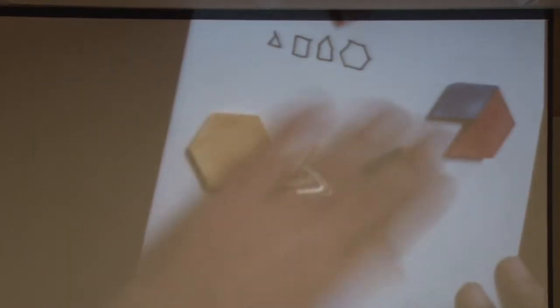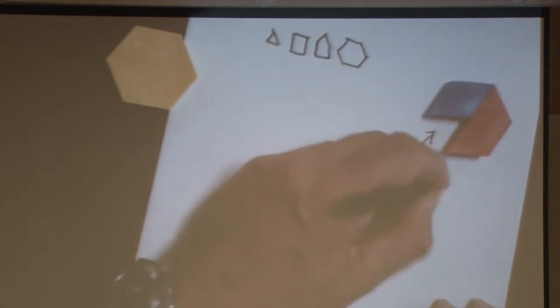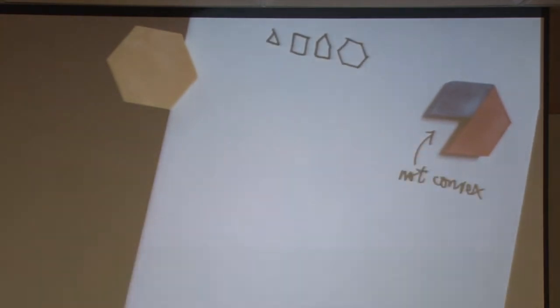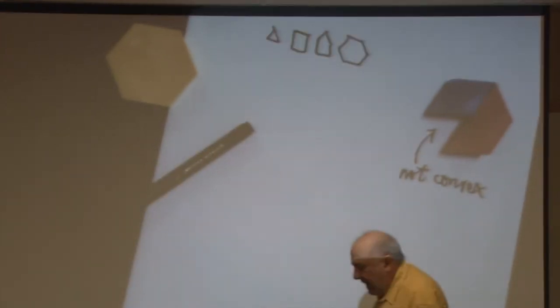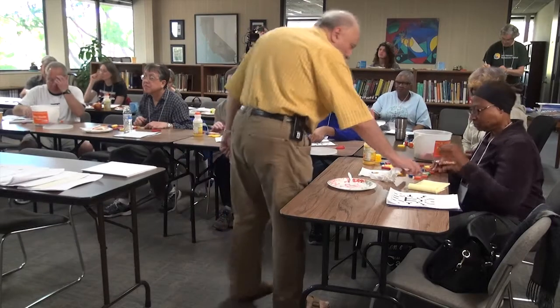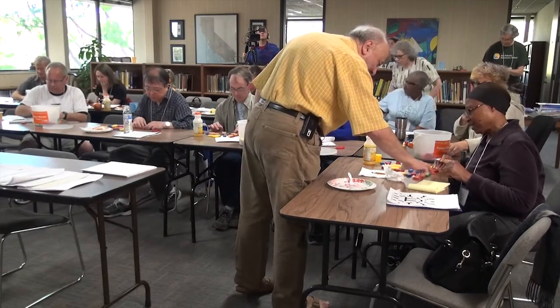So this would not be allowed because not convex. No, it can't be regular, mostly. So see how you do. Oh yeah, that was good. Oh no, it doesn't quite close it.